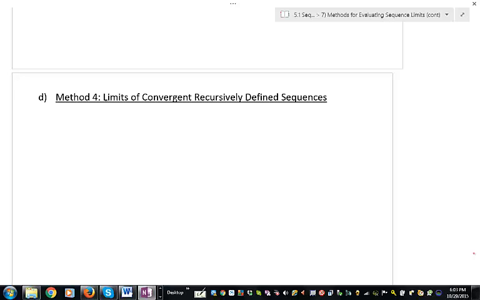We said we were going to let the first term be equal to 1, and then we recursively define the sequence like this. And we showed that this converged by the monotone convergence theorem. We showed that it was bounded below by 0, above by 2, and we showed that it was a monotonic increasing sequence. So we know it converges. The question is what to?